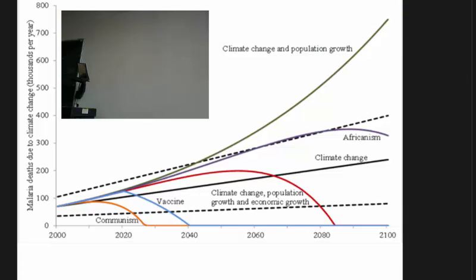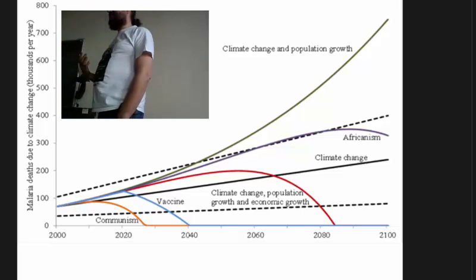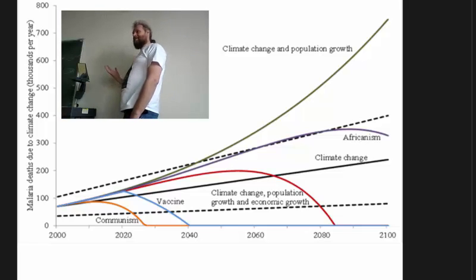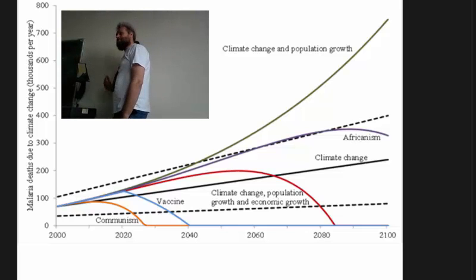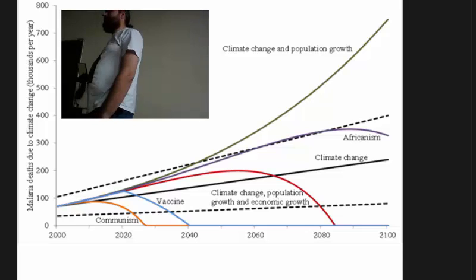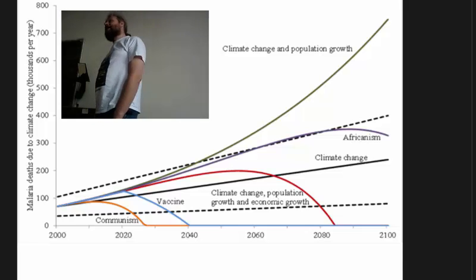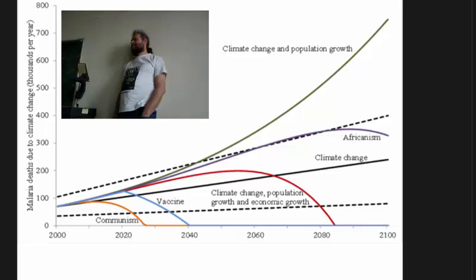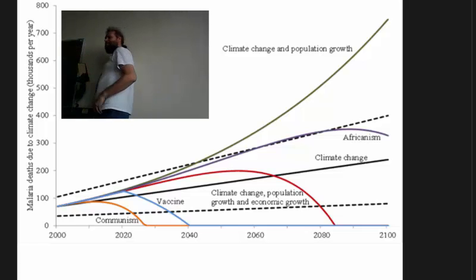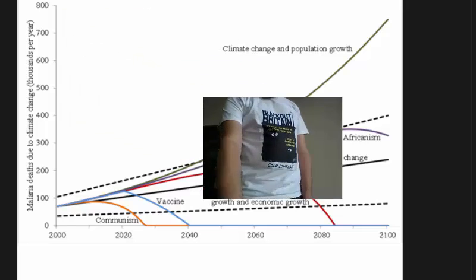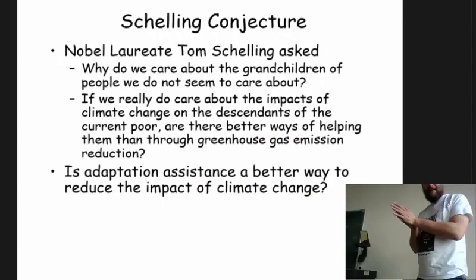Greenhouse gas emission reduction goes after the climate part of malaria, but would leave baseline malaria intact. Medical technology would go after all malaria and would be able to deliver much faster. So why would you want to spend money on greenhouse gas emission reduction if you can solve the problem by developing vaccines? That's essentially the question that Schelling asked.